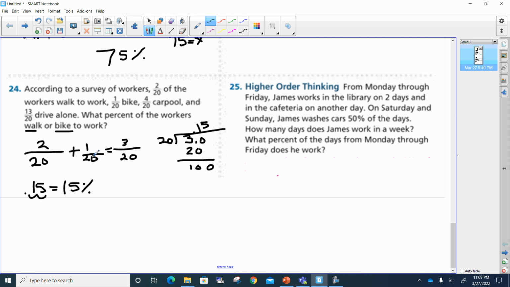Okay, and if they really want to get picky, let's see, 2 over 20 would really be 1/10, so 10% would be for walkers.